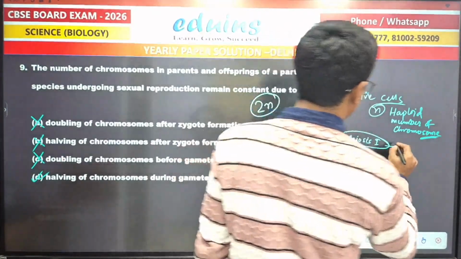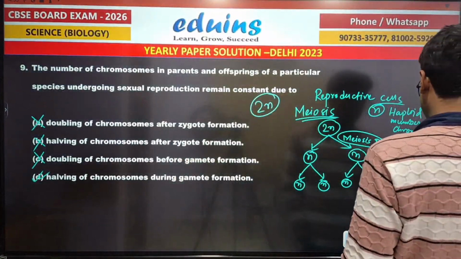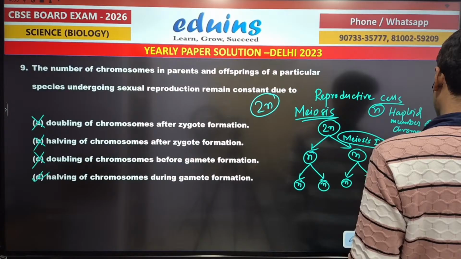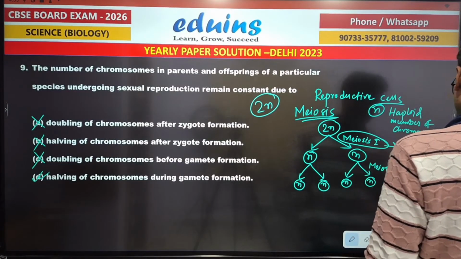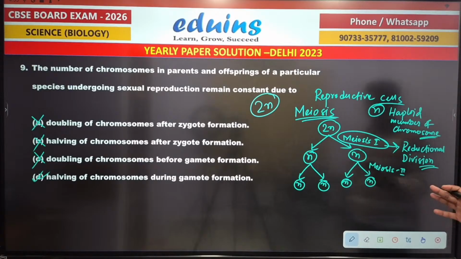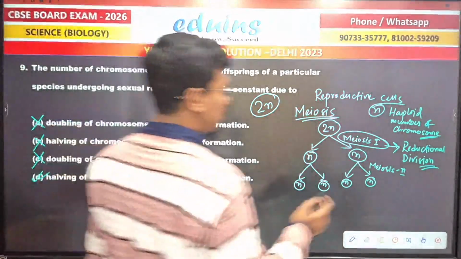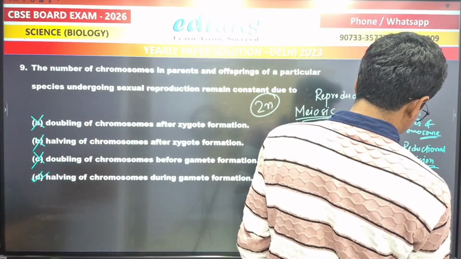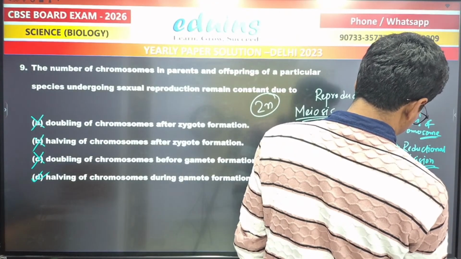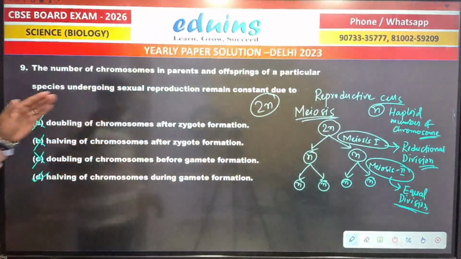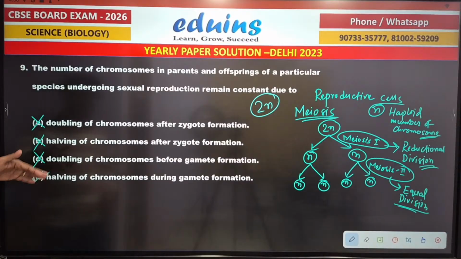So this meiosis 1 is known as reductional division, and in case of meiosis 2, this is actually the equal division. Meiosis 2 is actually the equal division. Okay, so that's why the chromosome number get halved.